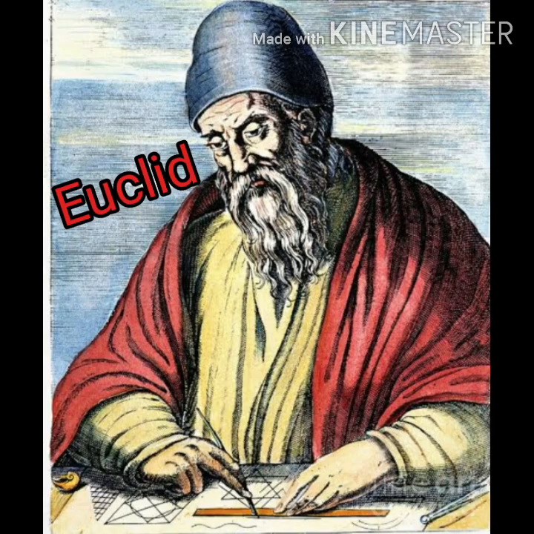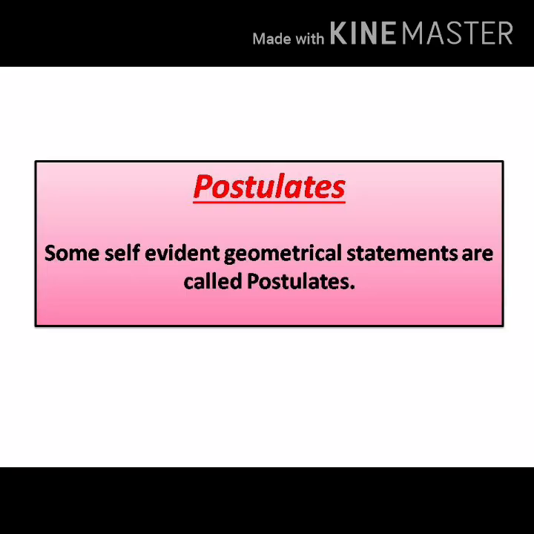Dear students, in this standard we are going to look at the subject of geometry from a different point of view, which was originated by the Greek mathematician Euclid, who lived in the 3rd century before the Christian era. He took for granted some self-evident geometrical statements, which were accepted by all, and called them postulates.